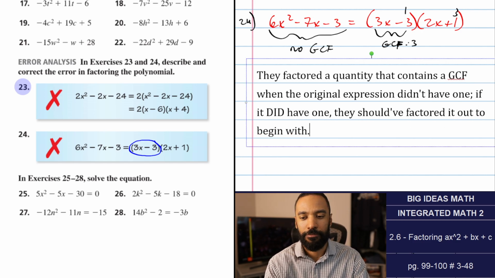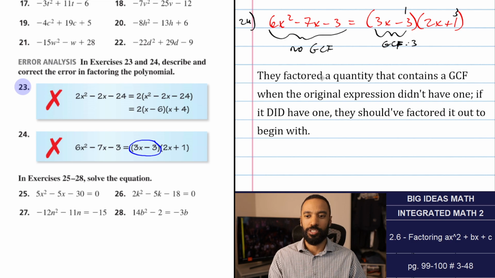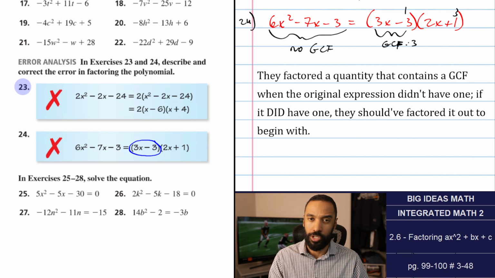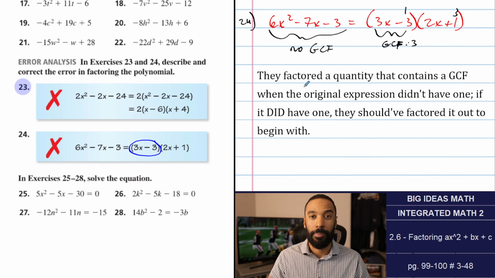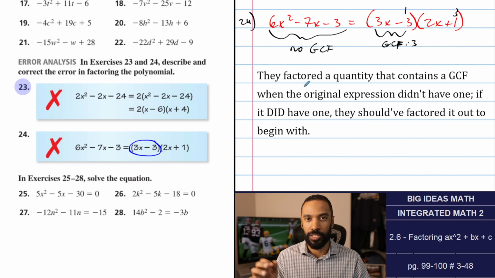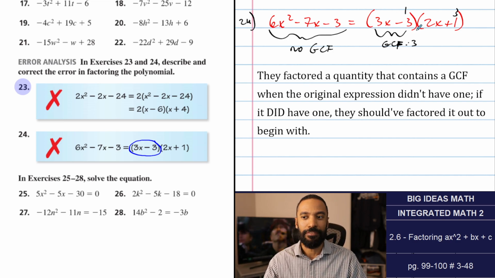I don't know if I've made enough of certain statements to convince you that GCFs are the first thing that you should always take care of, because maybe I didn't cover all the reasons other than composites, more factors is a lot harder and things like that. But among them, even if this was a correct factorization, it's still not complete because of the GCF of 3.